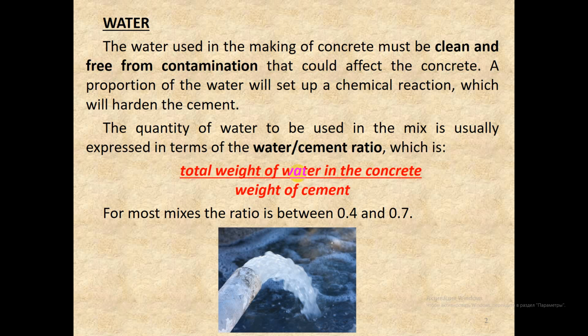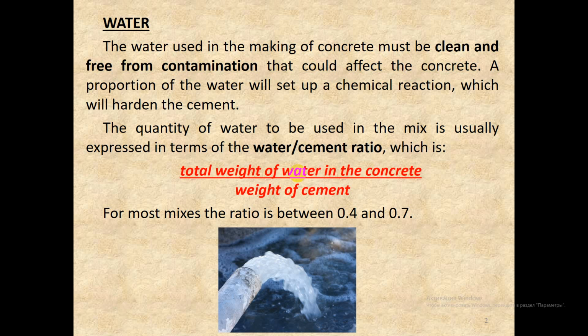The water used in making of concrete must be clean and free from contamination that could affect the concrete. A proportion of water will set up a chemical reaction which will harden the cement.